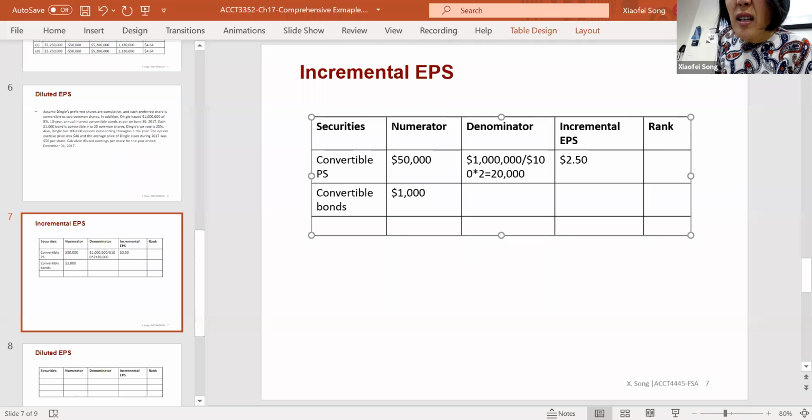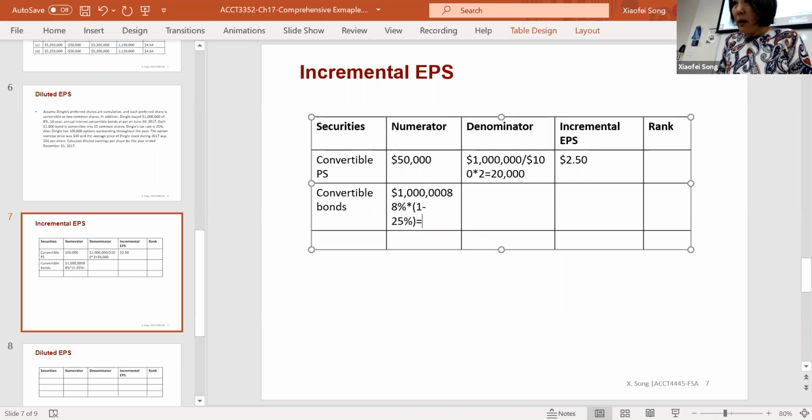The interest rate on this is 8%, so the interest is $80,000, adjusted for income tax rate, so 1 minus 25%.